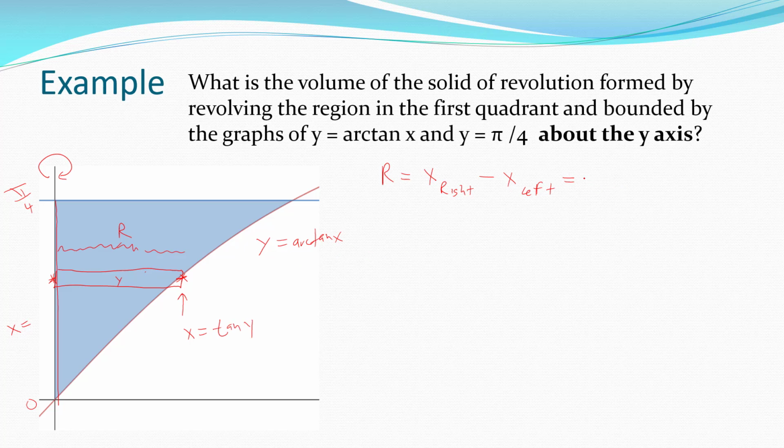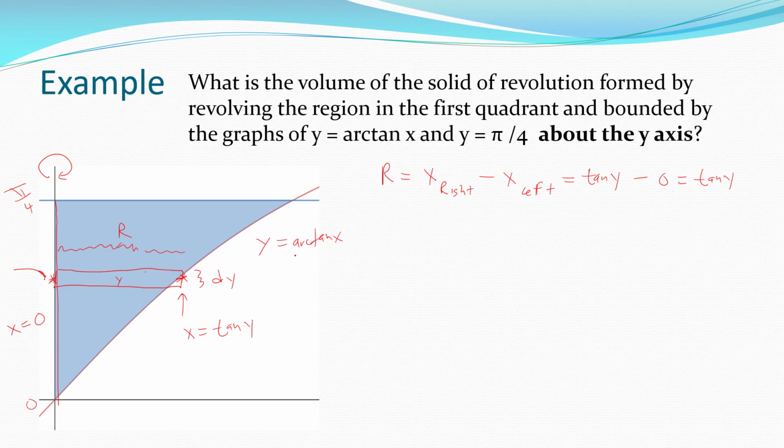So the rightmost x value is the tangent of y minus the leftmost x value. Well, this point right here is on the equation x equals 0. So that's just 0. So then the radius is given by the tangent of y. That's good because we want it in terms of y this time, because the thickness is a change in y.